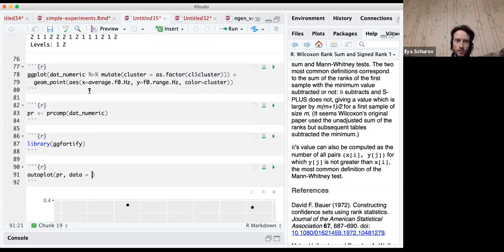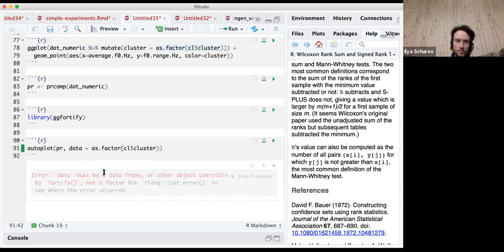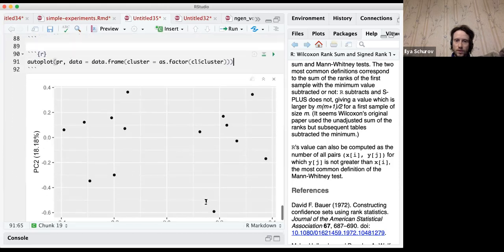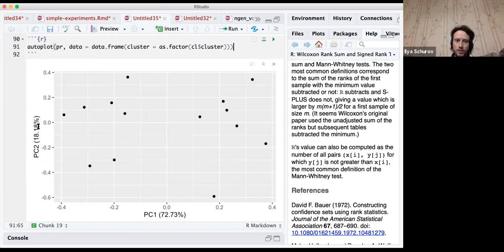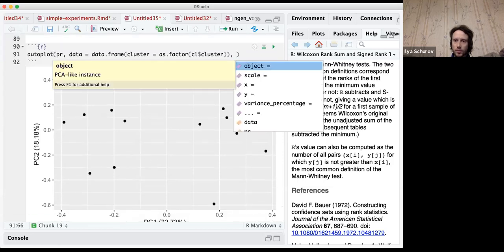If I want to plot a picture in my principal components axis, and I want to color these points with the corresponding clusters, I can use this thing probably. ggplot.